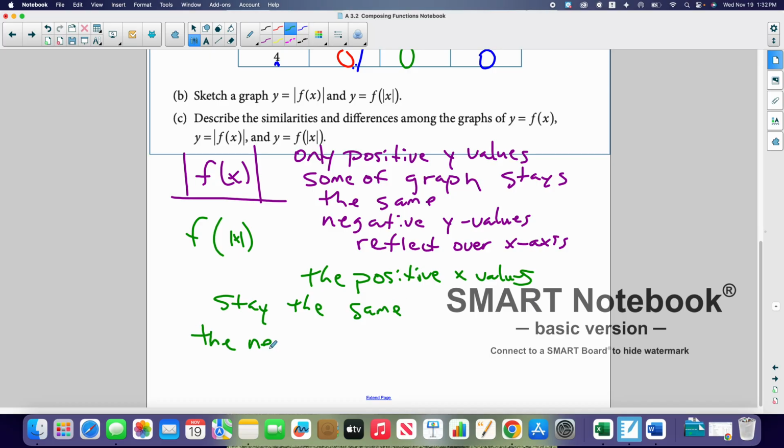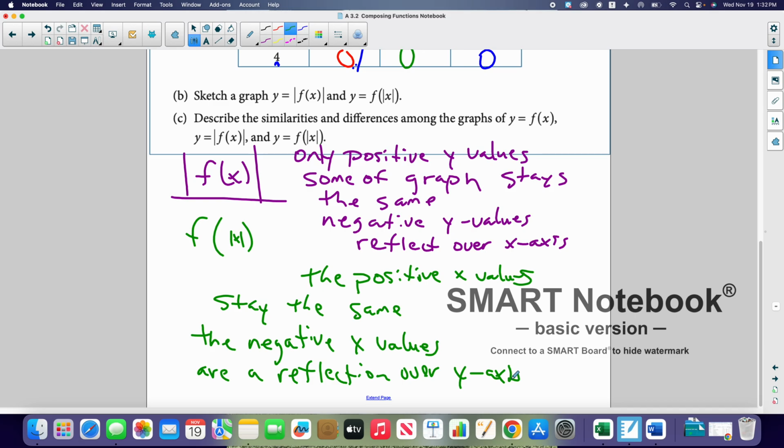The negative x values are a reflection over the y-axis. Okay? So with these absolute values, we're seeing a lot of reflections, but it's not a complete reflection. All right? Not everything. It's that idea that absolute value, the positives stay positive, but the negatives turn positive. So some things are changing, but some things are not.